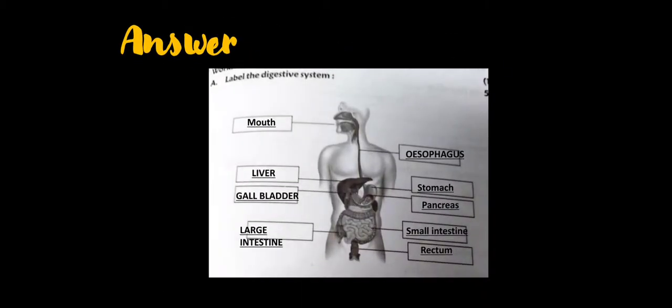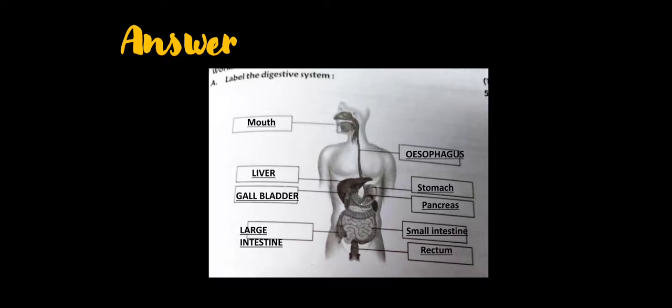Now, label the digestive system. Here, the diagram of the digestive system is given and you have to label the parts. So, let's start. Here, the first part is mouth.